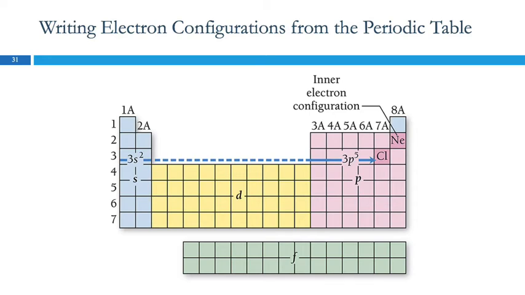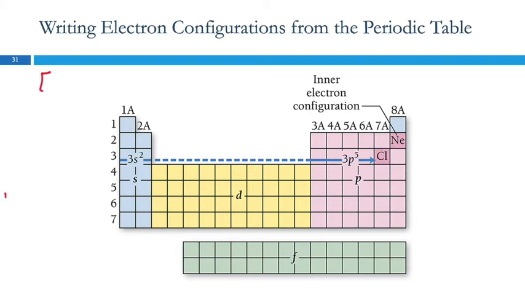So, writing electron configurations from the periodic table. This is doing chlorine. Okay? So if we're going to write the electron configuration for chlorine, if we want to do the inner electron configuration or the noble gas configuration, we're going to go up to the next row and go to the end and find that noble gas.